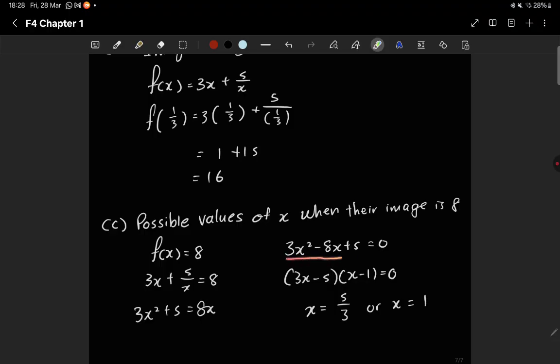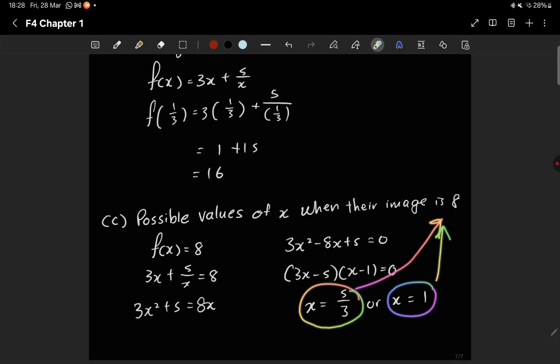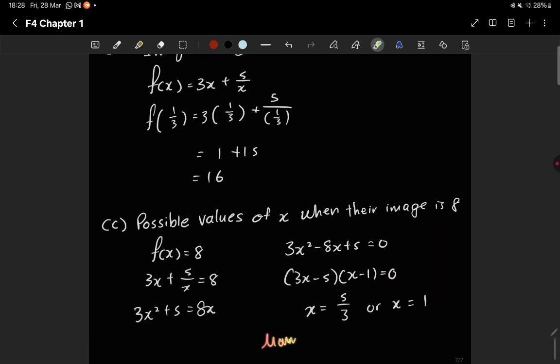And we can form a quadratic equation from here, and we can factorize it to give us two x values. So these two x values give us 8. So this is also proof of many-to-one, because there are two x values that give us 8.